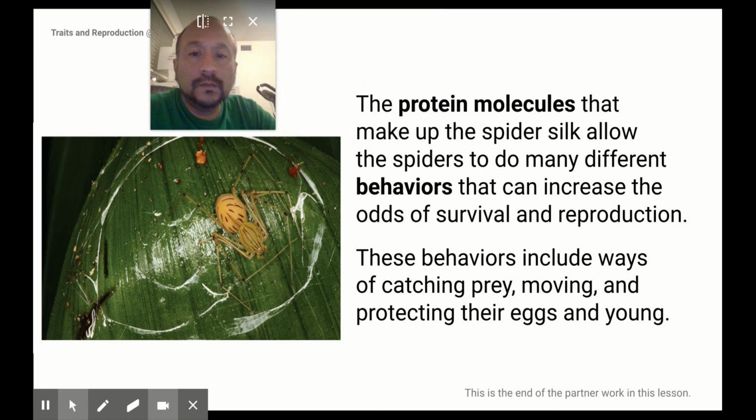The protein molecules that make up the spider silk allow the spiders to do many different behaviors that can increase the odds of survival and reproduction. Those are the 2 things that spiders are doing.